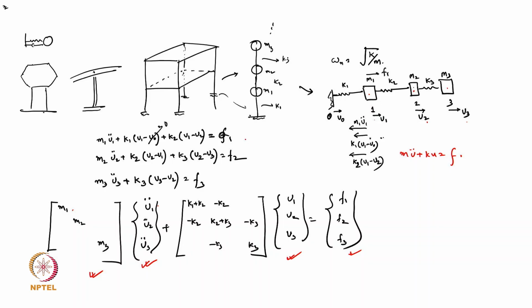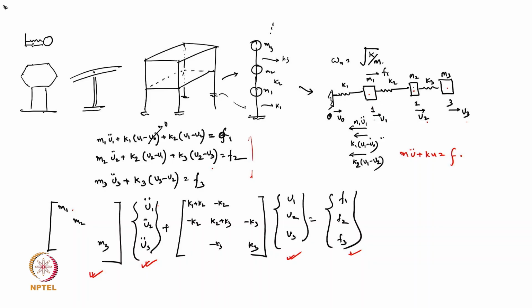Yes, you can write all the equations this way and get it, but suppose you try to analyze something like a 50-story building. We need to use this type of analysis for such cases, and that's why we are studying this type of course. Otherwise, for 1 or 2 degrees of freedom, nobody would bother.